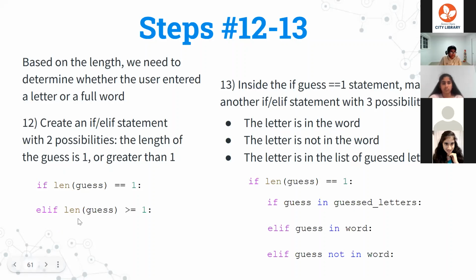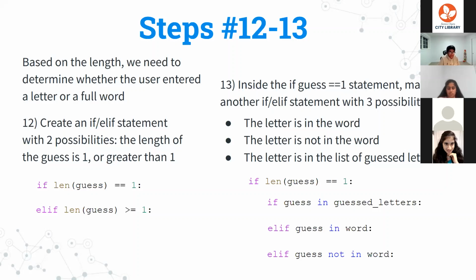So basically, we're going to check if the guess is inside the word. The first part is checking if the letter they guessed is inside the list of all the letters that they already guessed.